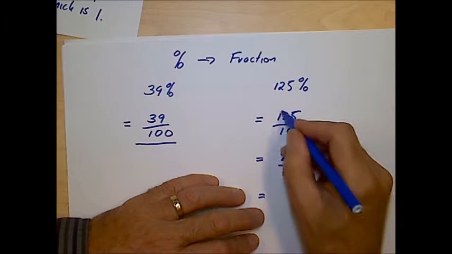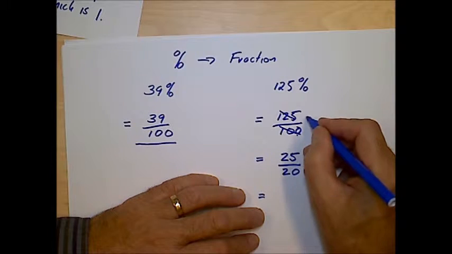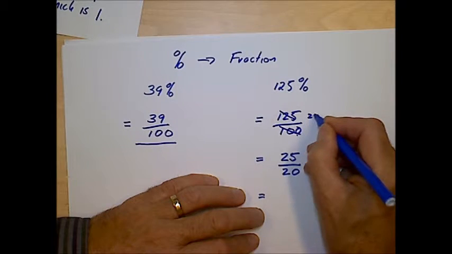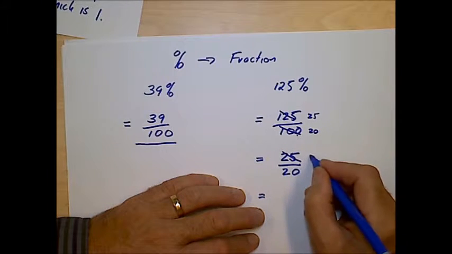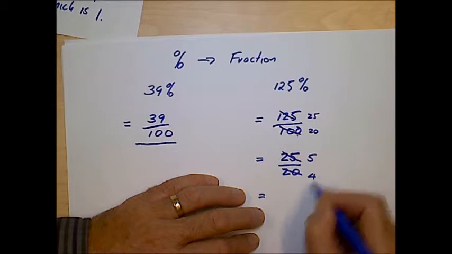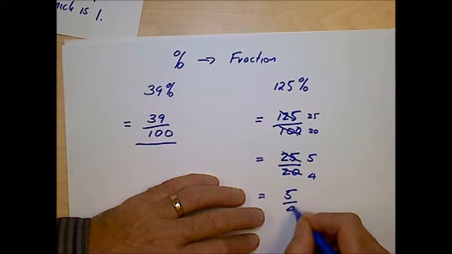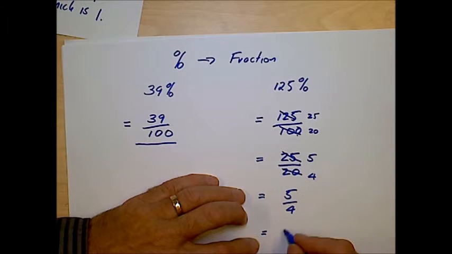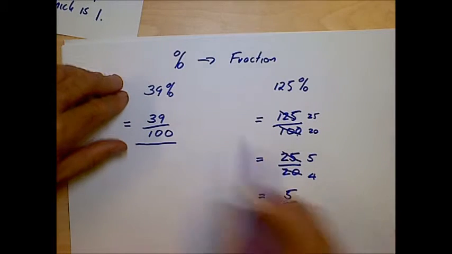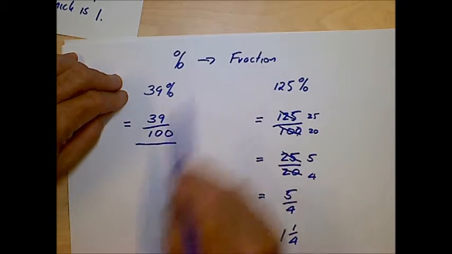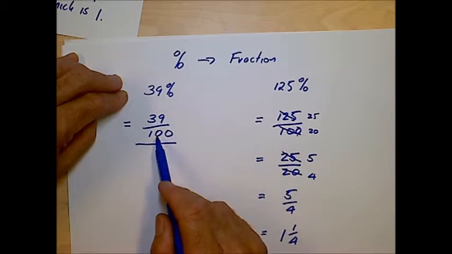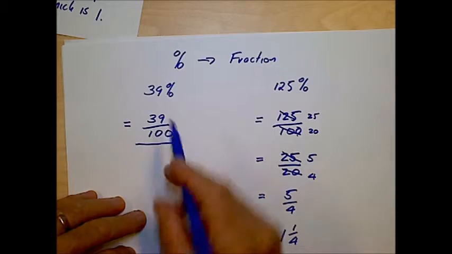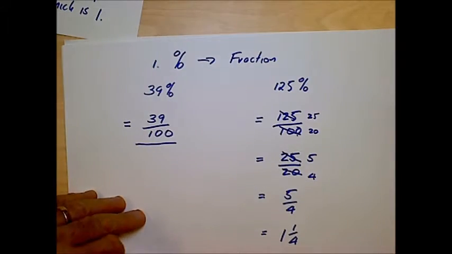And I still have a common factor of 5, top and bottom. So 5 into 25 goes 5, 5 into 20 goes 4. This reduces to 5 over 4, and of course then I can write that as being 1 1/4. So that's how we change percentages to fractions. We simply recall that the percentage sign means over 100. Not too difficult. So that's the first skill.